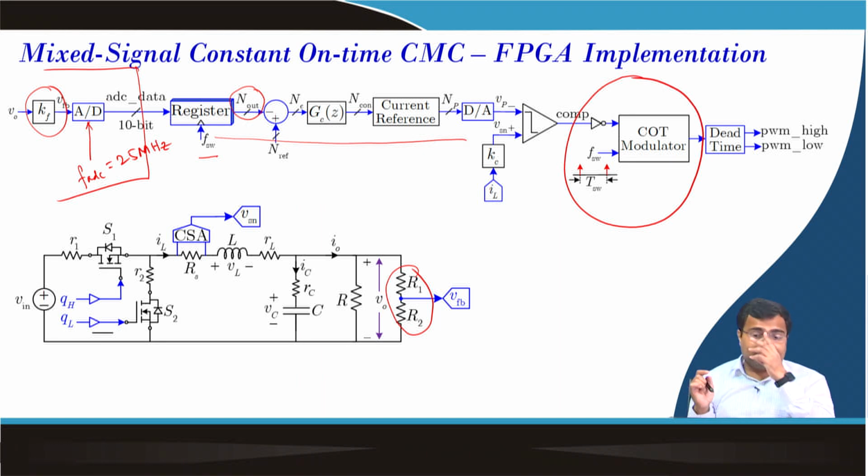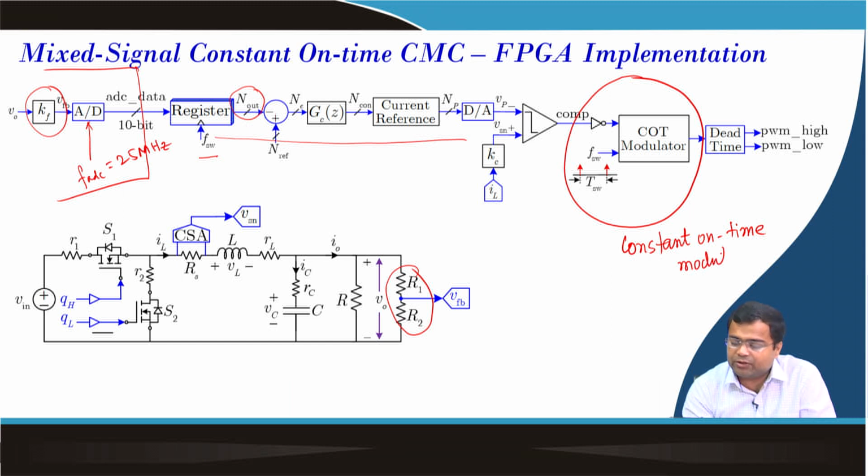So, in fixed frequency peak current mode control we have used a trailing edge modulator, but now here we are using a constant on time modulator, in which we are also considering minimum off time.